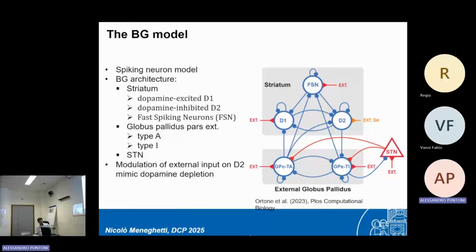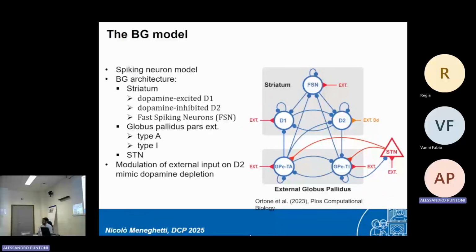Now, this model was developed in our lab, not by me, but by my colleagues, in order to investigate beta rhythmogenesis. Beta oscillations, as you may know, are very widely investigated because we can find them consistently, and they correlate with the symptom severity in Parkinson's disease.